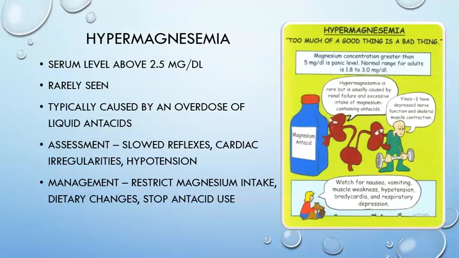So you'll see this. Hopefully you won't see this in those patients, but this is where we would monitor for it. These patients are going to need strict magnesium intake, dietary changes, and no more antacid use, which they're not going to be happy with, but it's going to hurt them in the long run, so they need to stop using them.